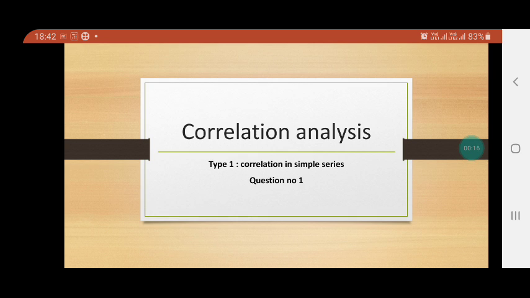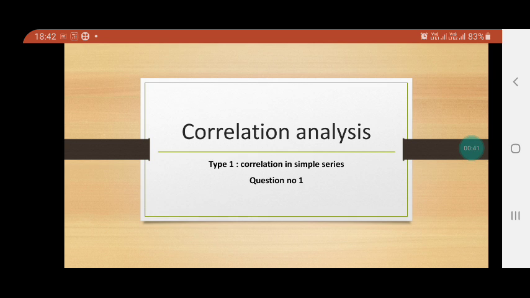As far as the subject is concerned, here we are dealing with our first unit, that is correlation analysis. In the last few lectures we have gone through the various concepts under correlation analysis: the meaning of correlation analysis, the different types, and the degrees of coefficient of correlation.